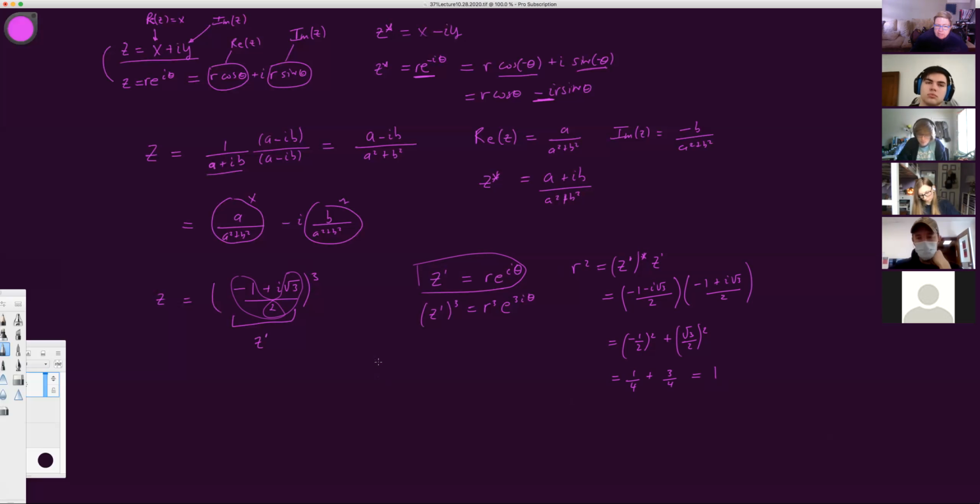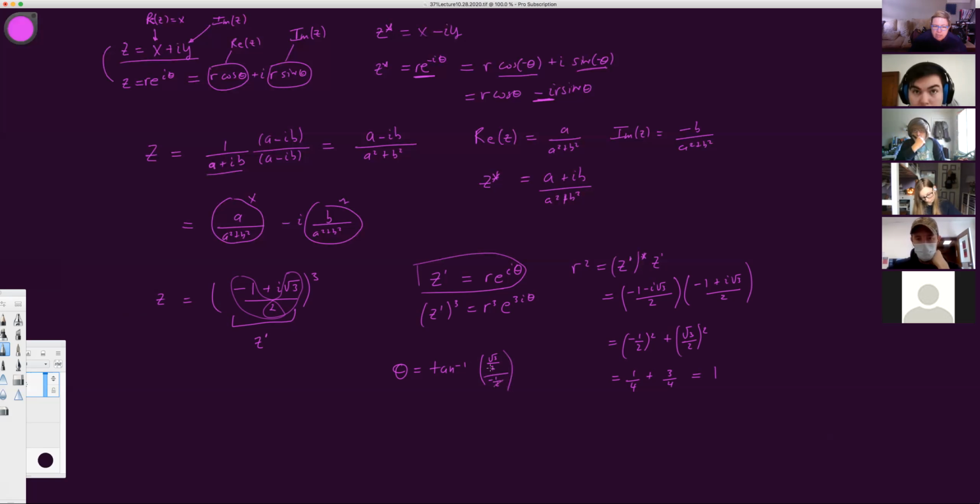So what about theta? Remember, theta is the arctangent of y over x, right? So we have y, which is square root of 3 over 2, over x, which is minus 1 over 2.